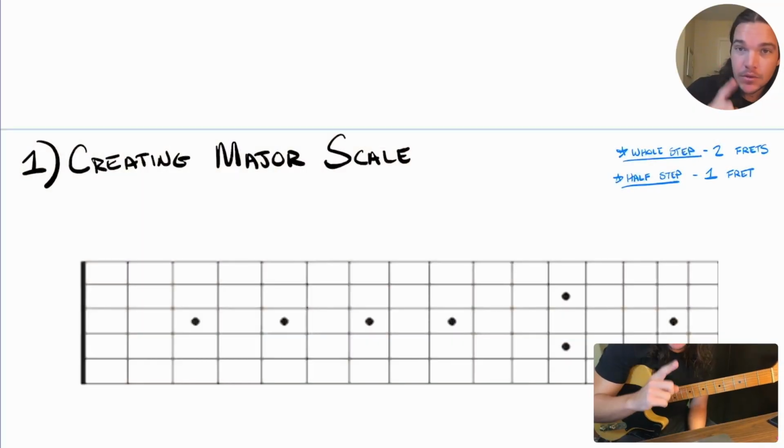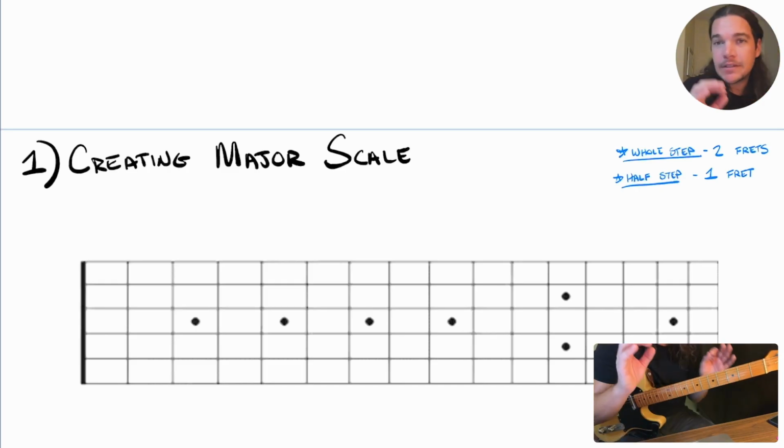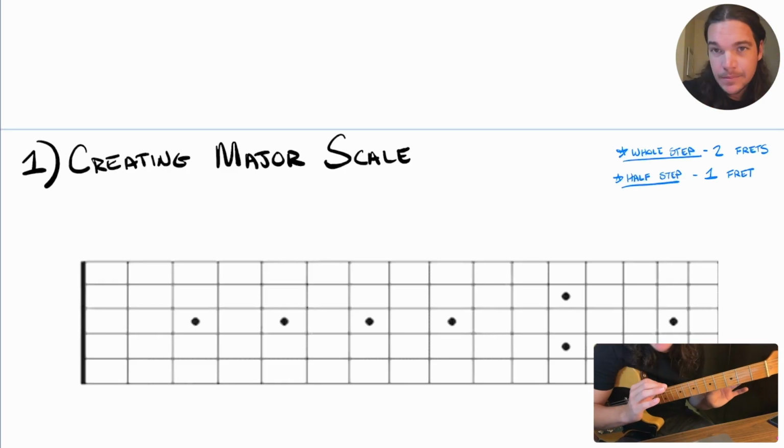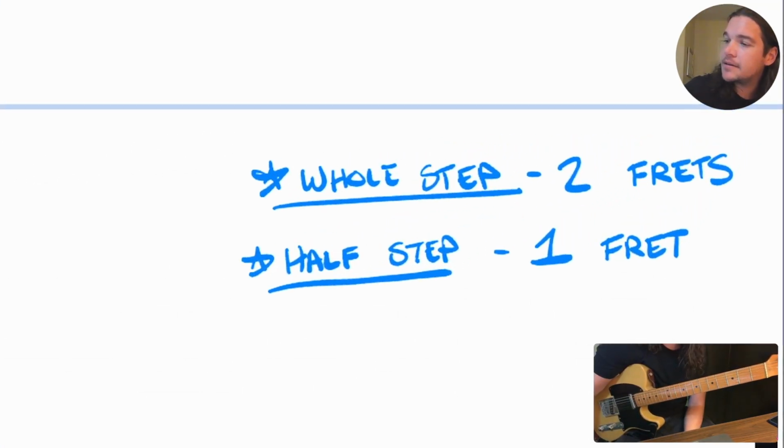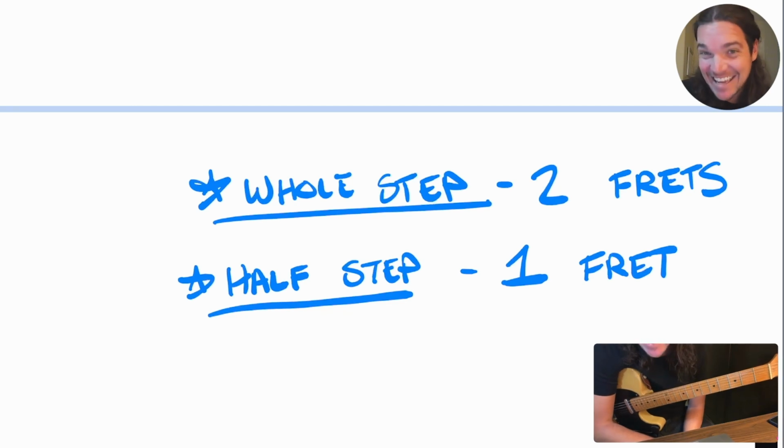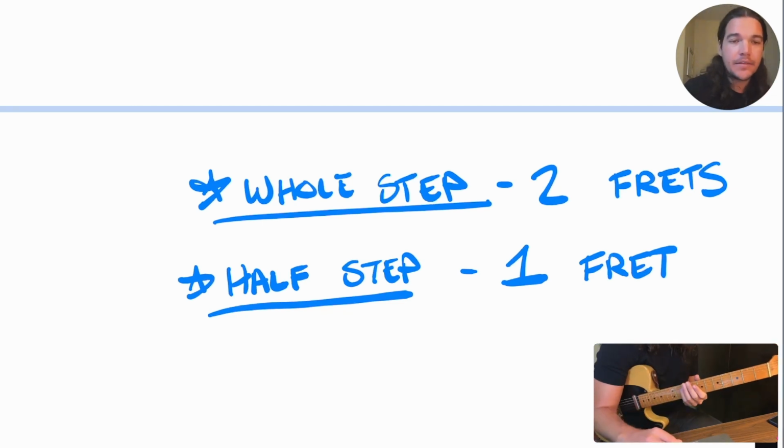The way that you create a major scale is by using a very specific pattern of whole steps and half steps. What the heck are whole steps and half steps, you might ask? For today, a whole step is the distance of 2 frets on the guitar.